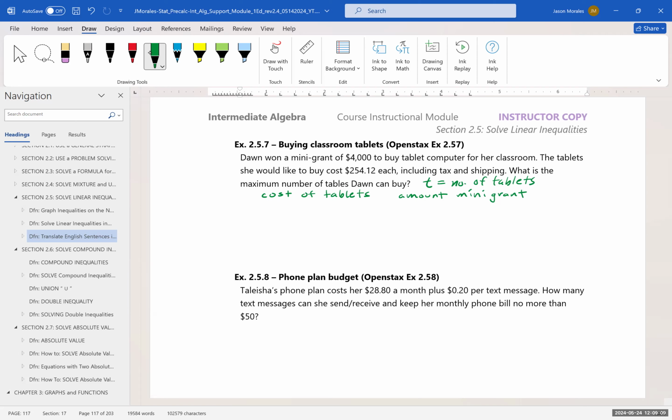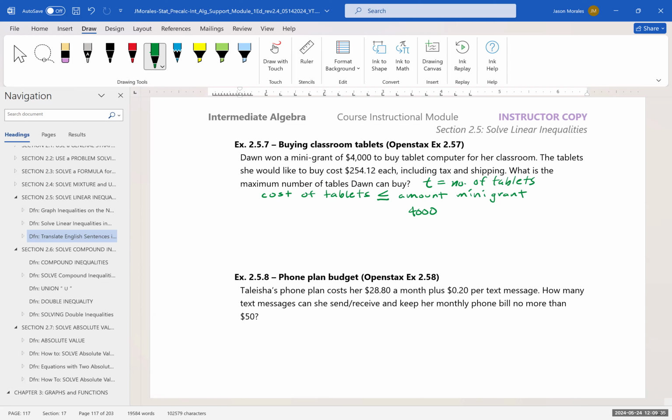If Dawn only has $4,000 to work with, can she go over that? She can't. She's got to work within that budget of $4,000. So that means that the cost of the tablets has to be less than or equal to the amount of the mini grant.